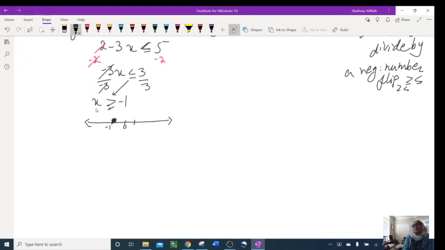Now read from the variable side, x greater than or equal to -1. When you use the word greater, it goes to the right. You can make a closed circle, or a bracket like this at -1, and you make an arrow going in this direction. Either way is good.